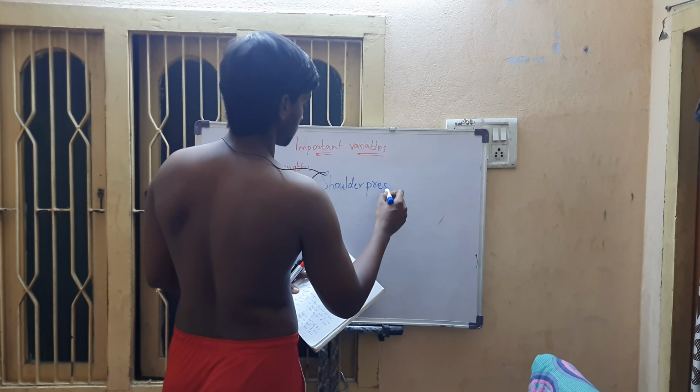For weighted dips, basic is 5 reps at 40% of body weight, intermediate is 5 reps at 60% of body weight, and next one, 5 reps at 80% of body weight.